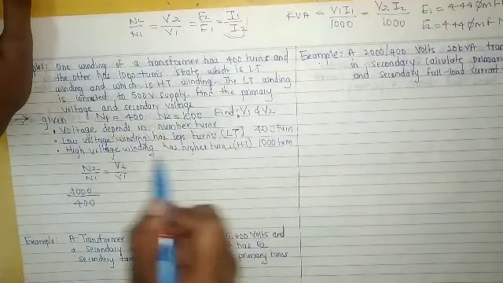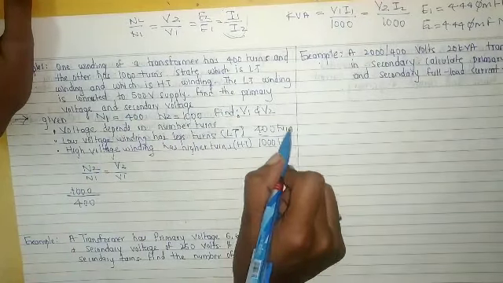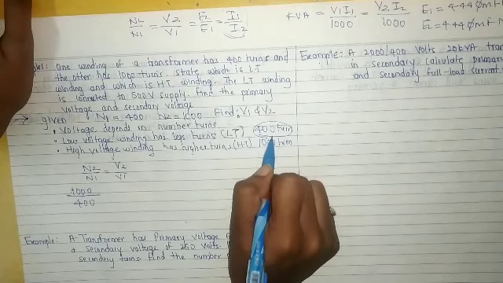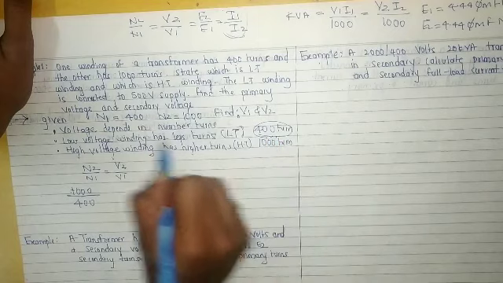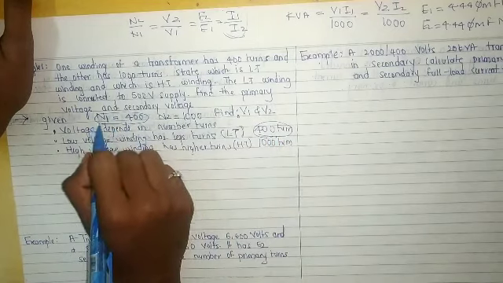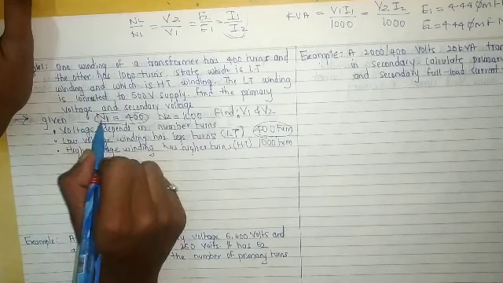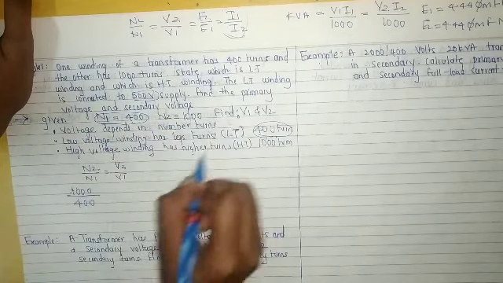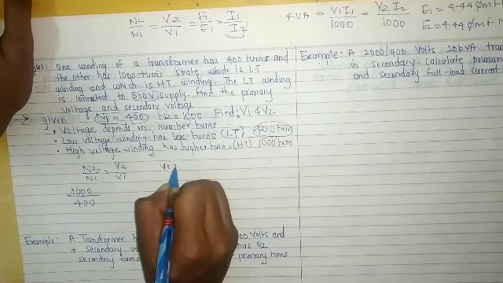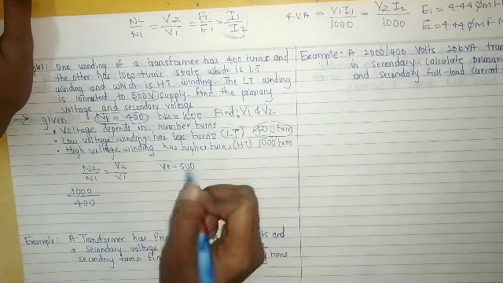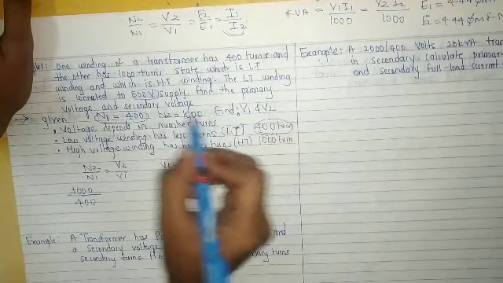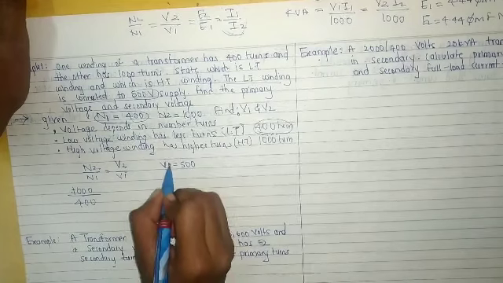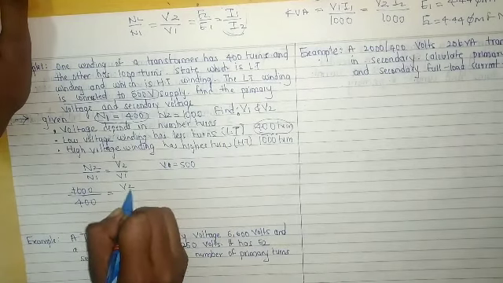The winding which has 400 turns is the LT winding. So it means it is the primary number of turns. So we have already written primary number of turns is 400, and the supply to this is 500 volts. So they have given V1 is equal to 500. Right. So we got V1 from the sentence itself in the question. So V1 is 500. Now we will substitute the value of V1, that is 500.